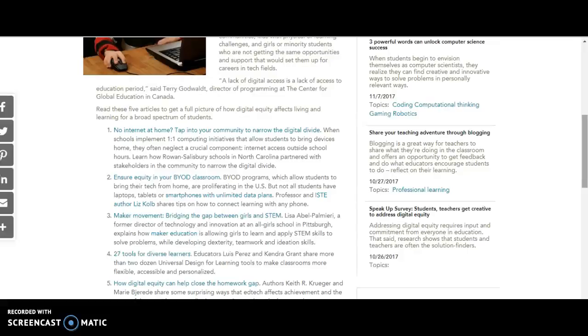Many times if I'm having them partner up for activities, one student may not have access at home while another one does, so the one who has the least amount of access will use the computer at school, while the one who has access at home will go home and finish up work on their computers at home, so they take advantage of things like Google Chrome and Google Classroom.